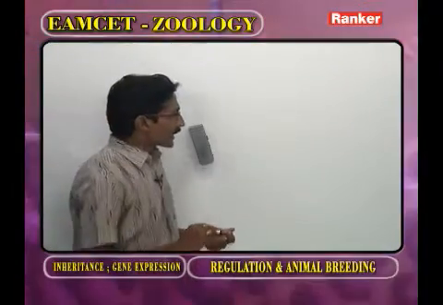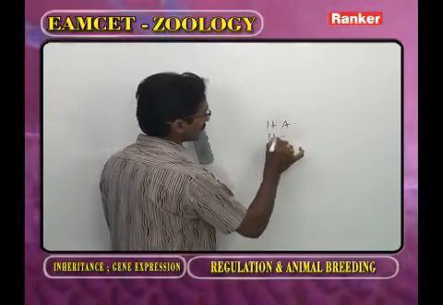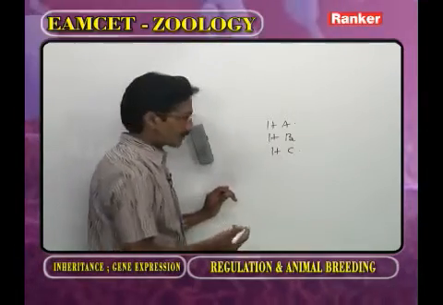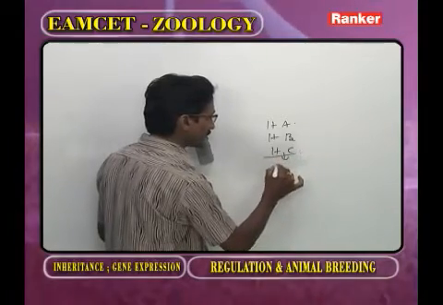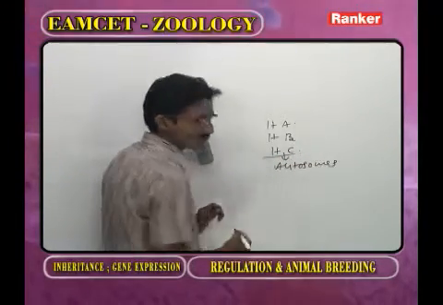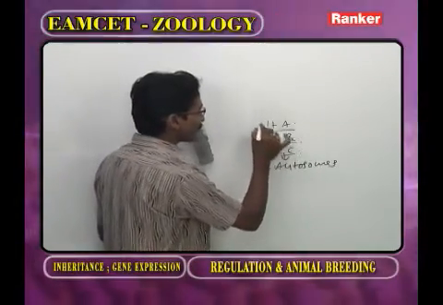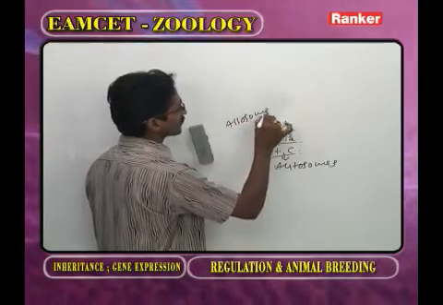Hemophilia is classified into hemophilia A, hemophilia B, hemophilia C. The gene for hemophilia C is present on autosomes, don't forget it. The genes for hemophilia A and hemophilia B are present on allosomes.